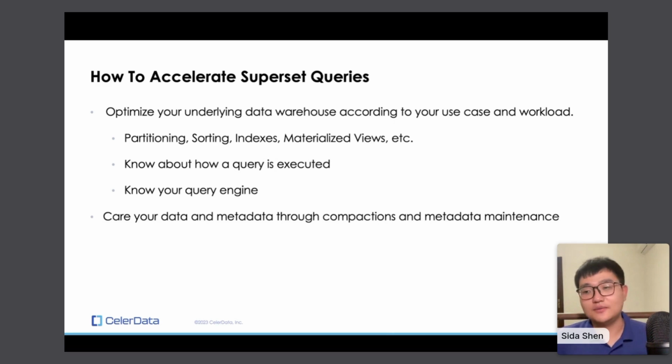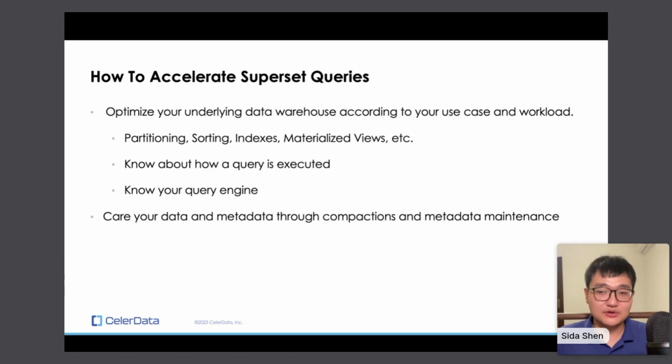And then you have to curate your data and metadata. This is specifically if you're not using a managed data warehouse, right? Most of them, or actually all of them, do this process automatically, fully managed. But if you're using, let's say, a query engine plus a data lake solution, you want to curate your data. You don't want too many small data files. You want to do compactions correctly. Too many small data files can really harm your data scanning performance.